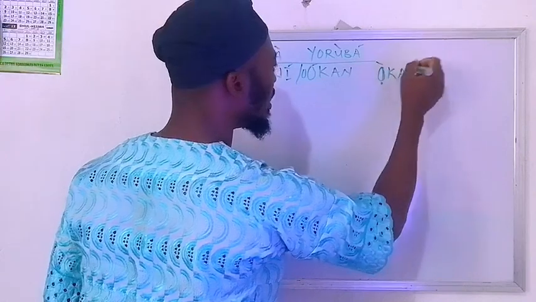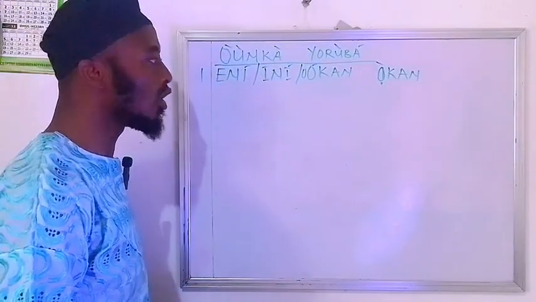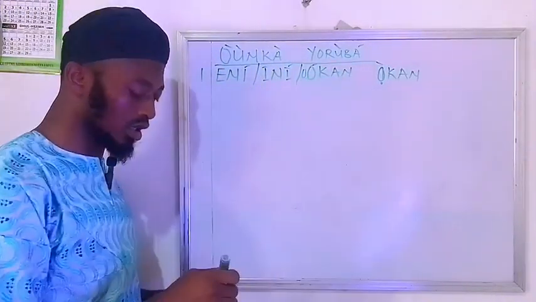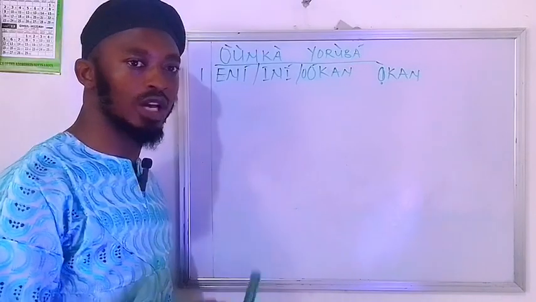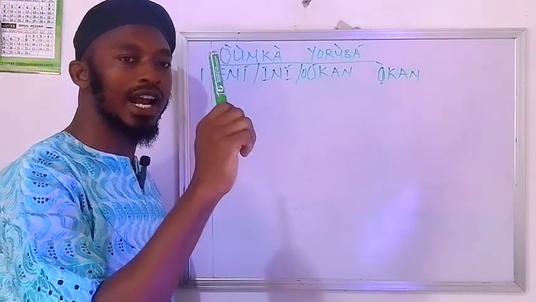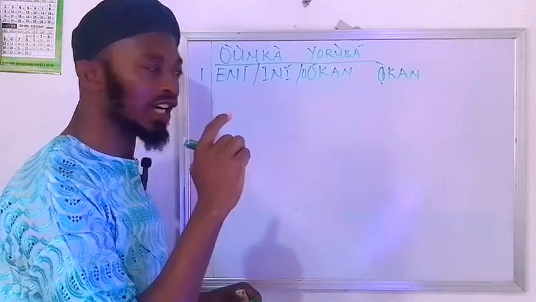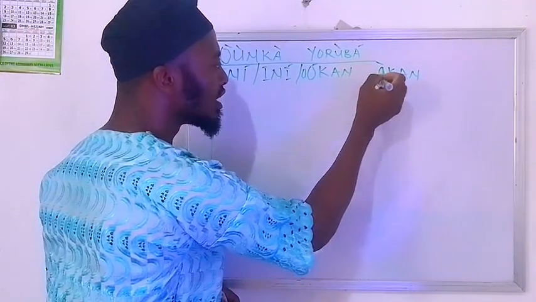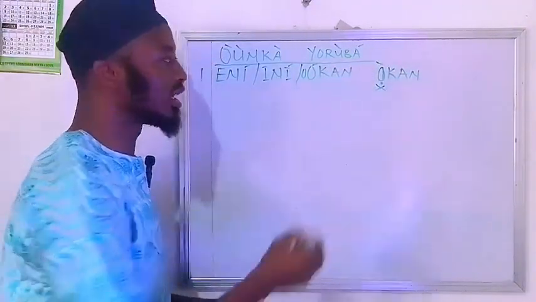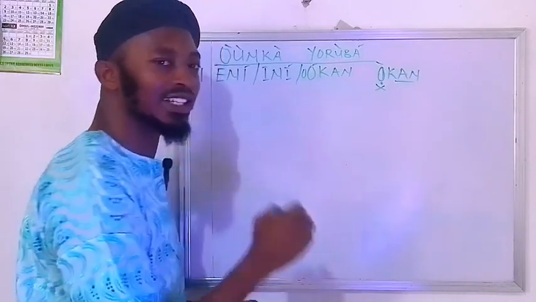So most times when you're using 1 in counting, we have to cancel this first ọ. We are left with kan, that is 1.